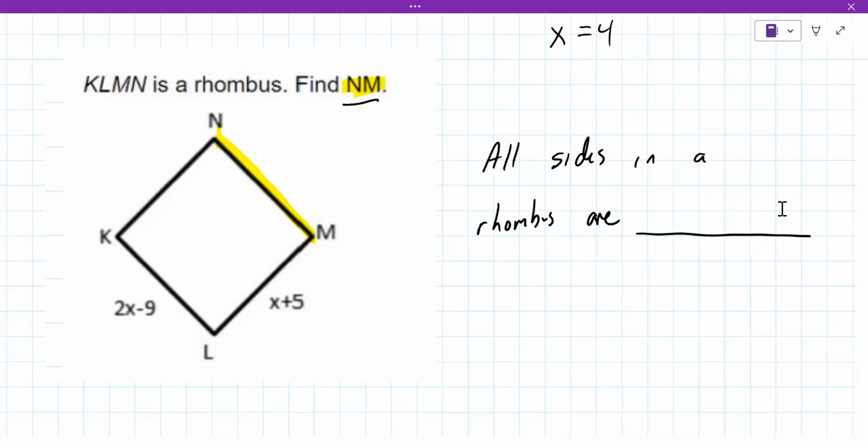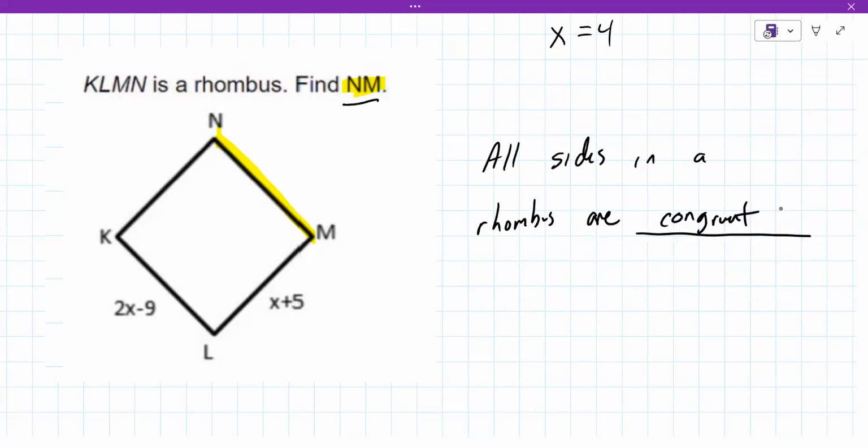What do you know about the sides in a square? All right, so they're all congruent.